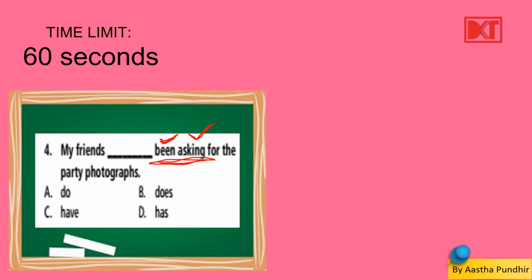It is present perfect that we're talking about, and we have have or has as options. So amongst these, which one do you choose? As per my friends, this subject is plural third person, so you use my friends have been asking for the party photographs. All right.